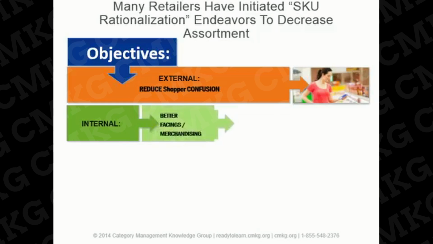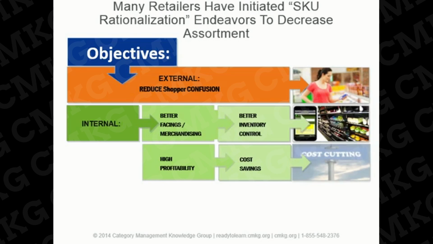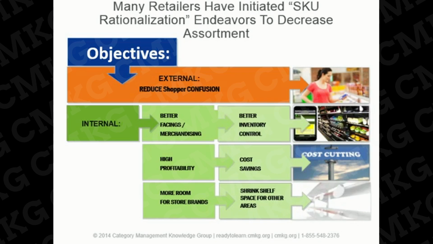Some of the more common reasons for downsizing are usually mostly internally driven by operating decisions including giving better facings and merchandising, providing better inventory control, generating higher profitability and/or cost savings, making more room for store brand or private label products, and shrinking shelf space in one area to give room to another area in the store.